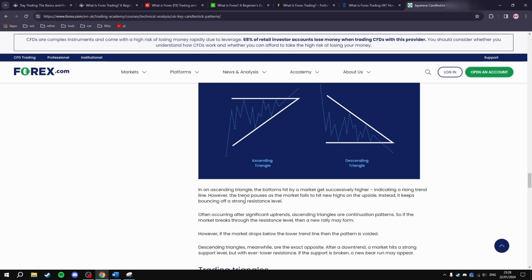However, if the market drops below the lower trend line, then the pattern is voided.